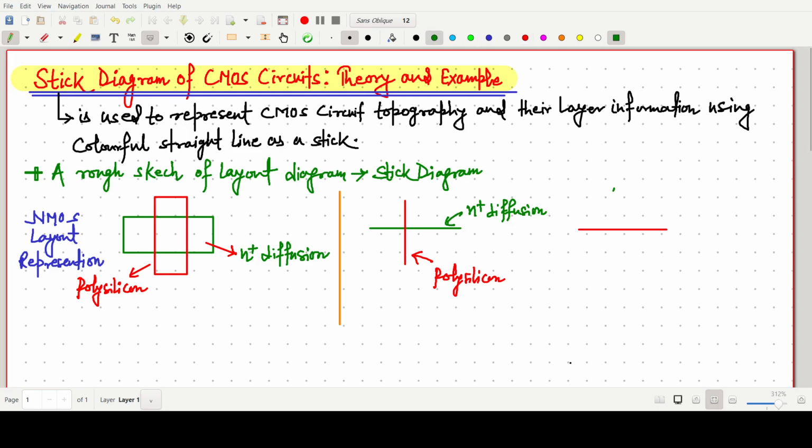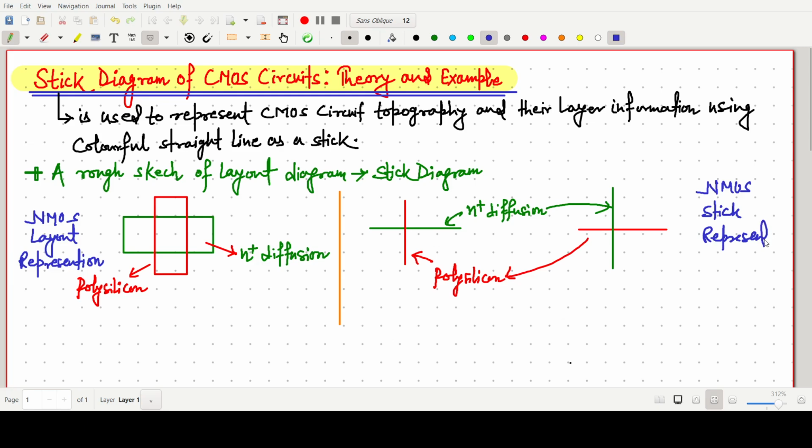First we will go for this, then I will say what color, we will discuss it later. It may be like this also, means the green one is a N plus diffusion, and this one is also our polysilicon. Okay, both are same and both are NMOS representation. NMOS stick representation.